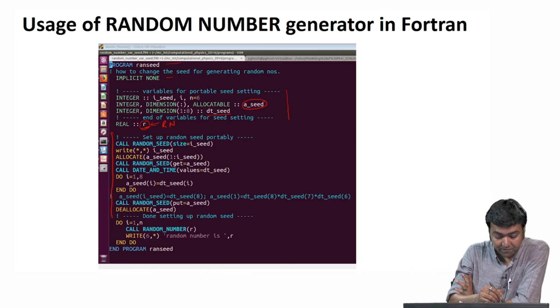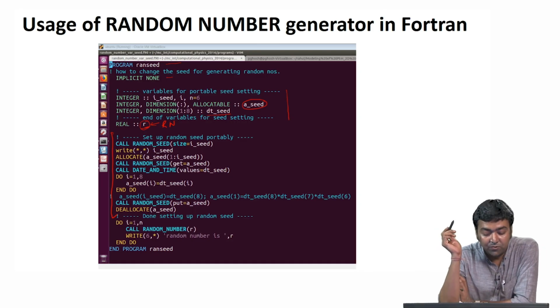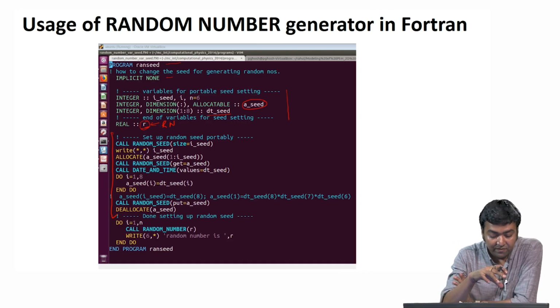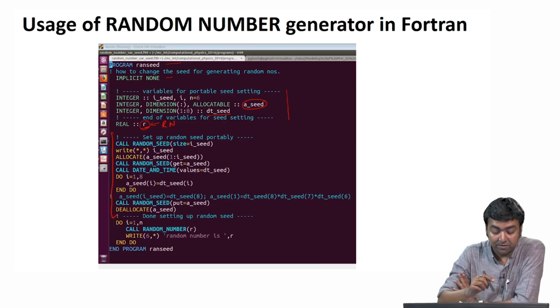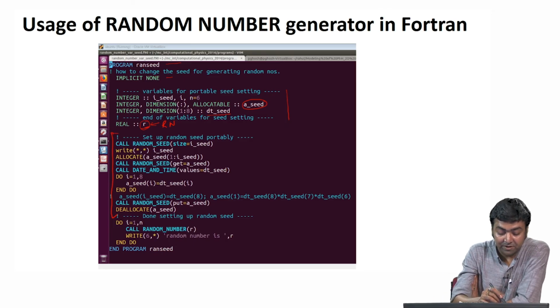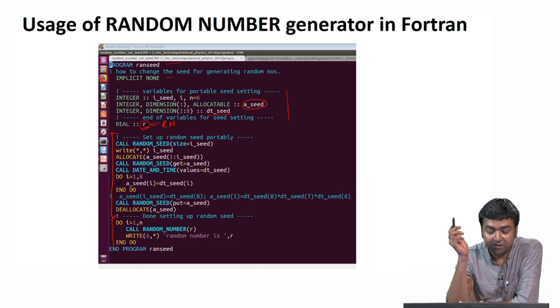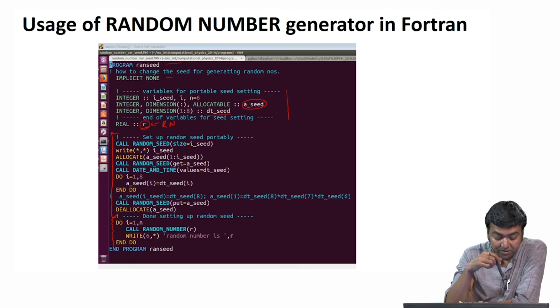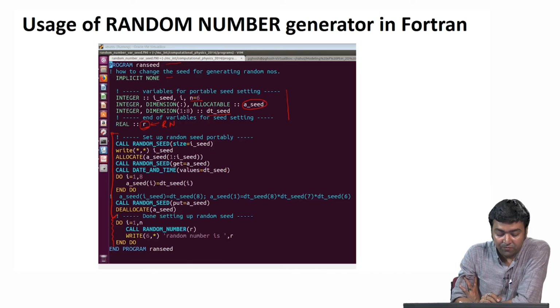This part of the program tells you how to initialize the seed. We will come to this shortly, but for the time being we skip this part and look into the last part where I am calling random_number. Here I am trying to generate 6 random numbers, because I have set n equals 6, and I have a do loop where the counter i goes from 1 to n.